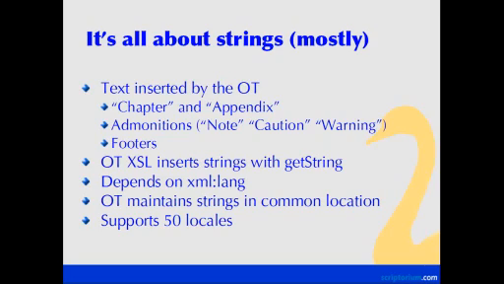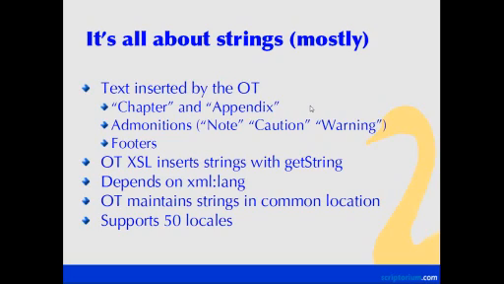And the way the Open Toolkit does this is with a template called getString. In the XSL that processes your DITA topics into output, the XSL calls getString and passes in the name of the string, and then it returns the actual string in the current language.